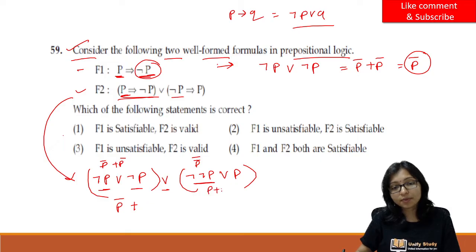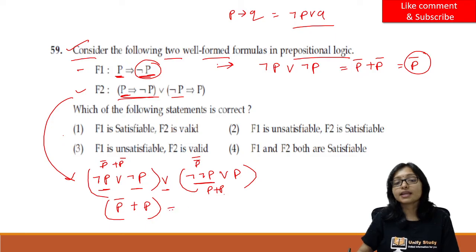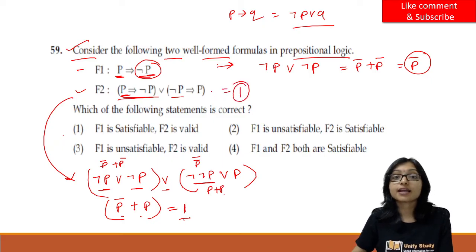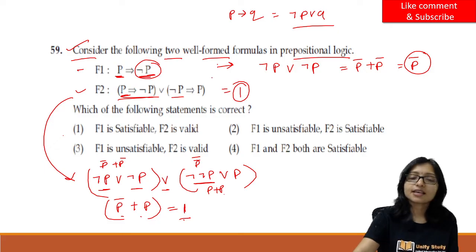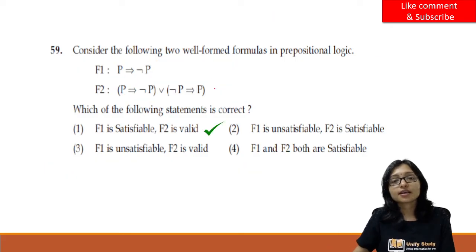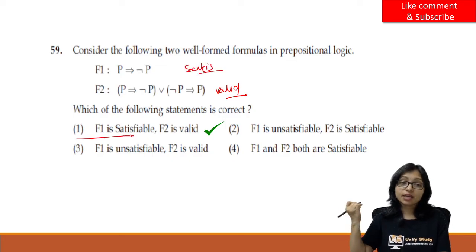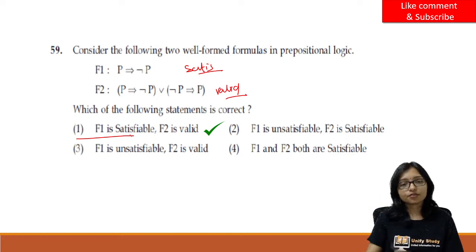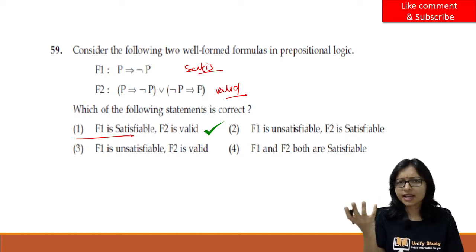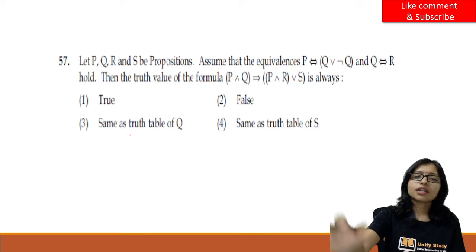So it is P plus P bar, which is 1. So you got 1. The expression is giving result 1. That is what? Yes. That's why it is valid. This one is valid and the other one is satisfiable. So the answer will be F1 is satisfiable, F2 is valid. Simple, right? Easy. Now do the next one.